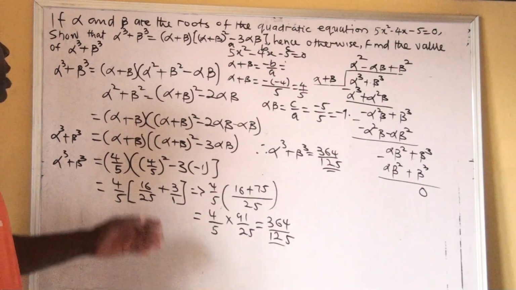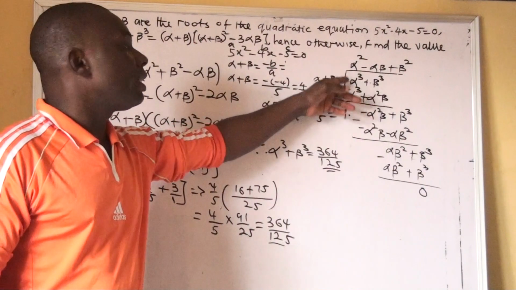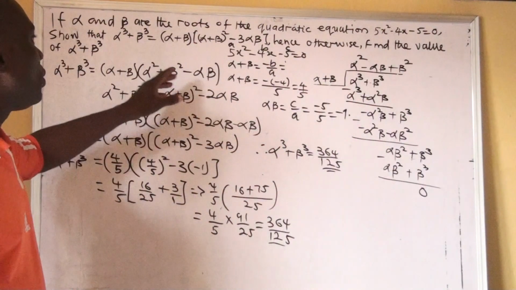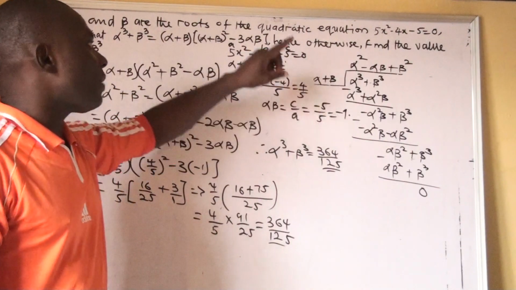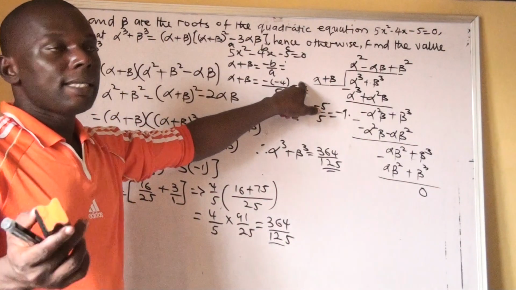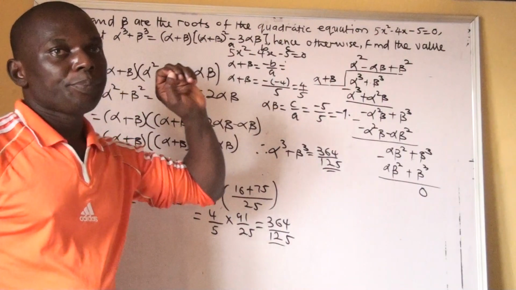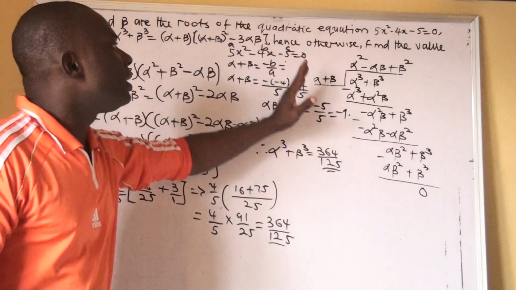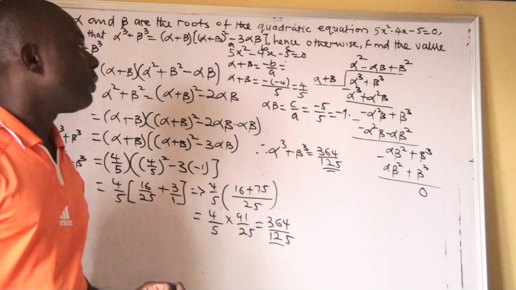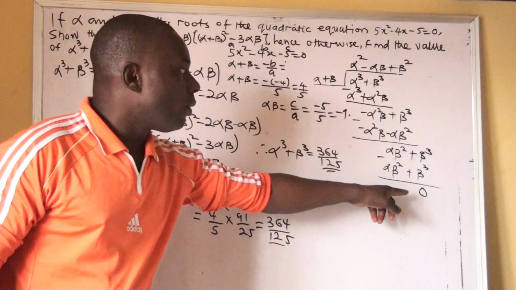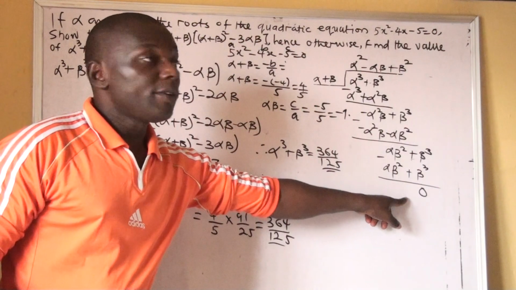Okay, now this is the approach to this question. Once you are able to use long division to establish this, that's the first thing you do. And one of the factors of alpha cubed plus beta cubed, like I said, is alpha plus beta. Once you are able to do this systematically, you see that your final result, the remainder, is 0.